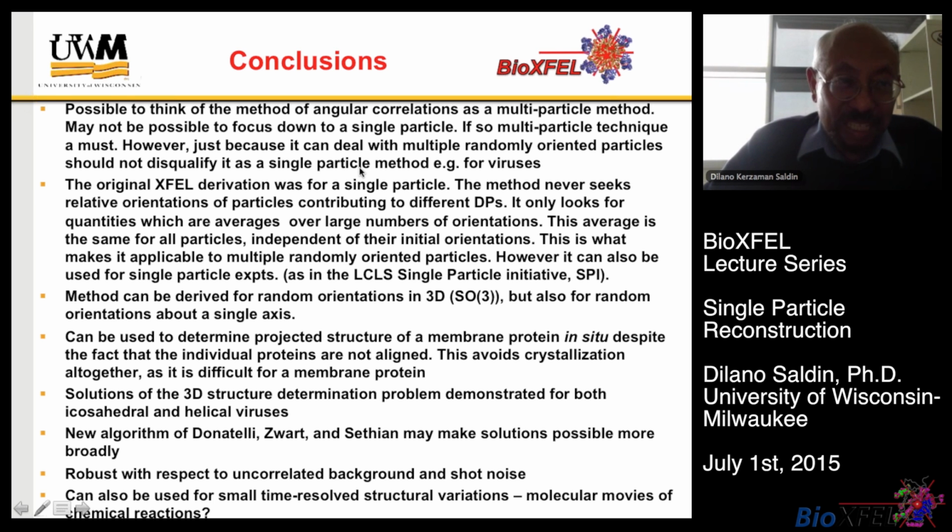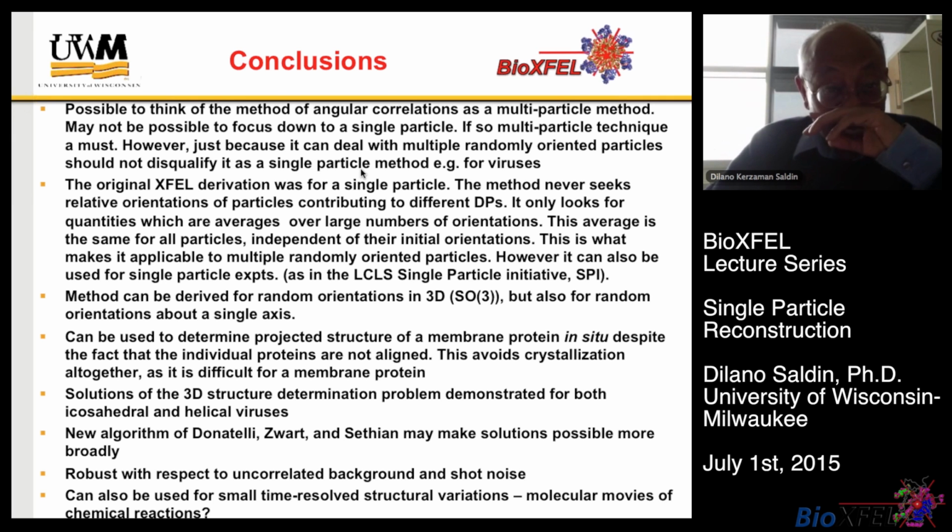Now, finally, I come to my conclusion slide. It's possible to think of the method of angular correlations as a multi-particle method. And it does so because it does not ever try to find the relative orientations of particles corresponding to different diffraction patterns. What it finds is the average, the total correlations or the average correlations of all the diffraction patterns.